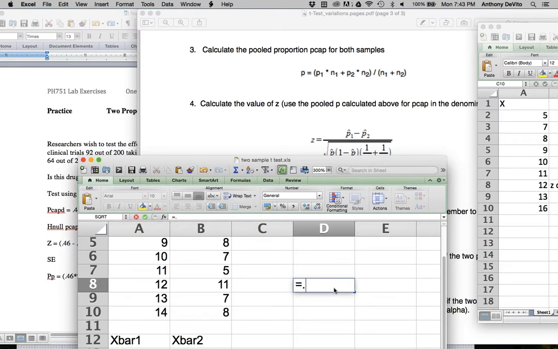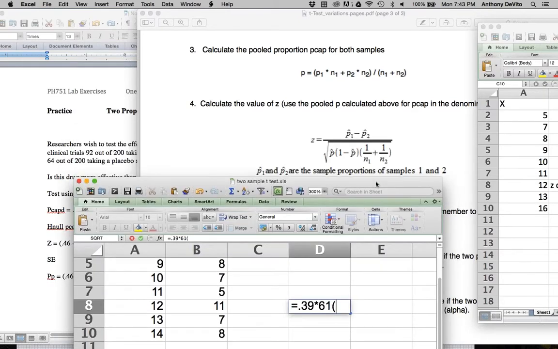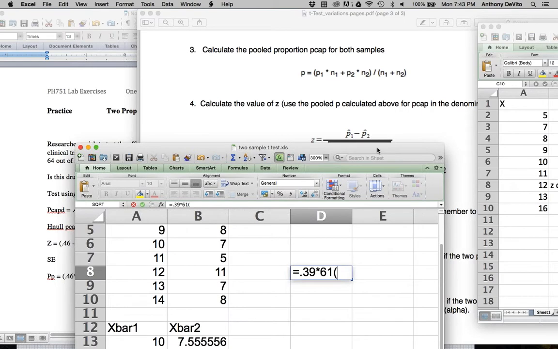So this is going to be equal to 0.39 times 0.61, right? Times 1 over 200 plus 1 over 200, which is 2 over 200, which is 0.01.